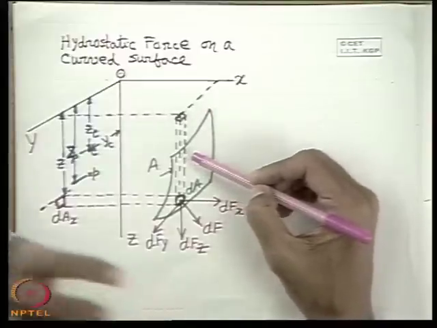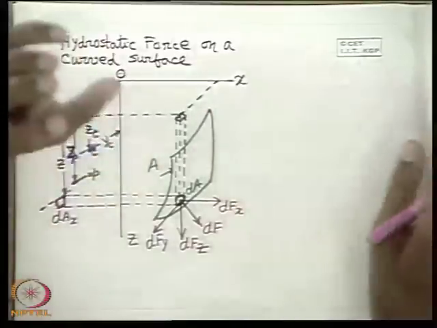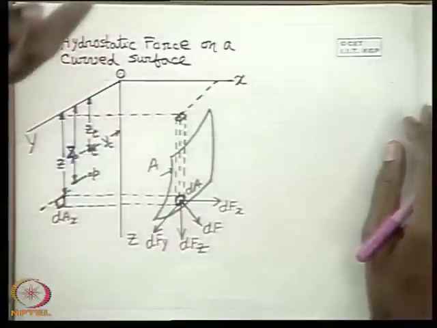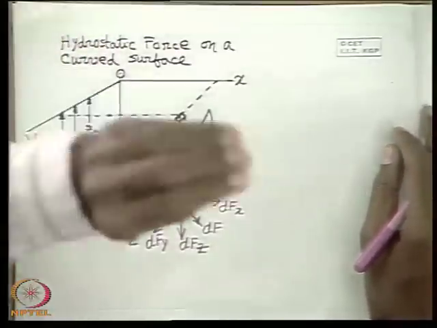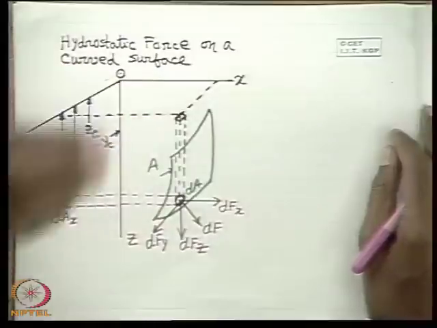Therefore a scalar summation of the elemental forces was possible, which we did by simple integration over the area. But in the case of a curved surface, since the normal at each point of the surface, which is the direction of the pressure force, changes because of the curvature, a simple scalar summation, that means a simple integration, will not be possible.